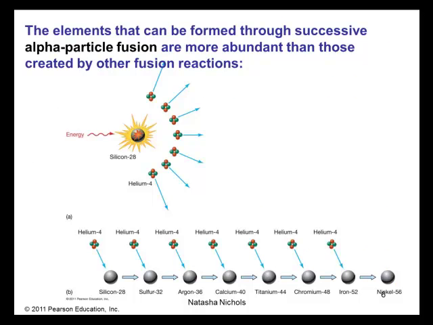The elements that can be formed through successive alpha particle fusion are more abundant than those created by other fusion reactions. Right here in frame A, we see that at high temperatures, heavy nuclei, such as silicon shown here, can be broken apart into helium nuclei by high-energy photons.